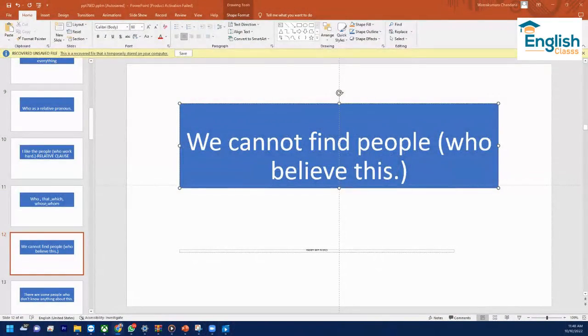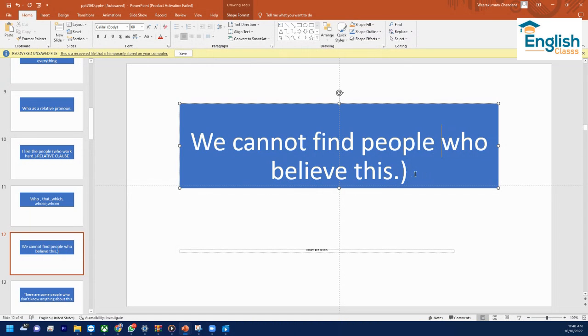Not only about a noun, here in this case, we have given more information about the noun people. We have described the word people by using this relative clause. We cannot find people who believe this.